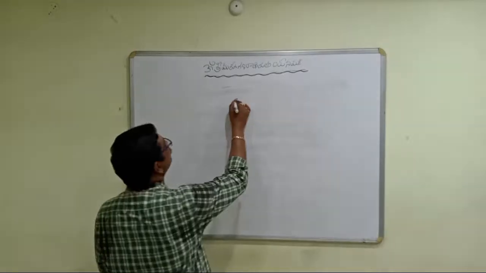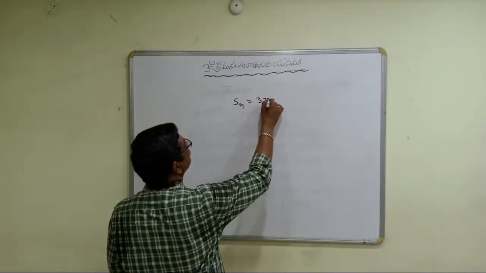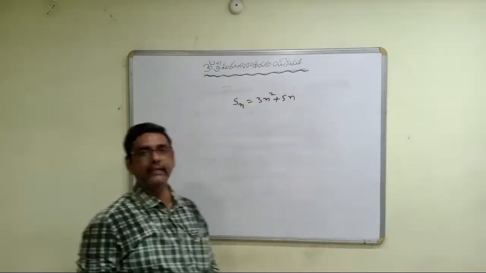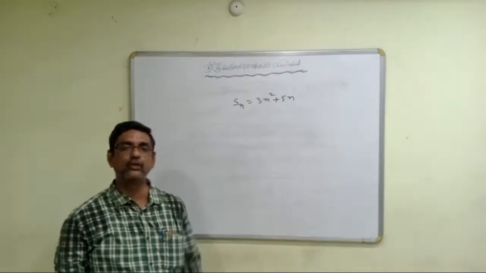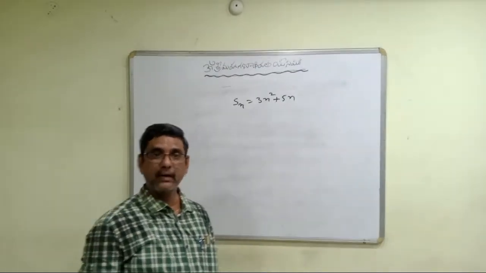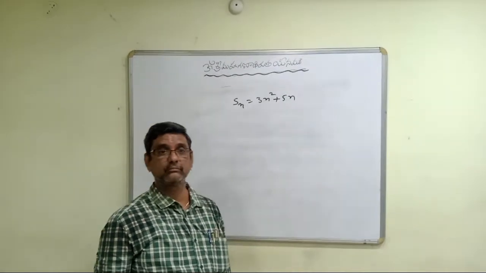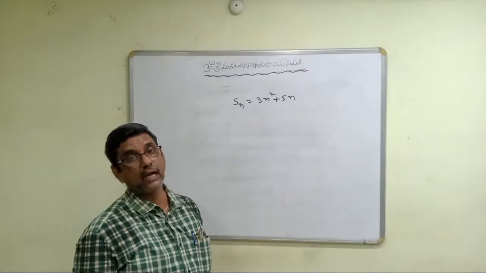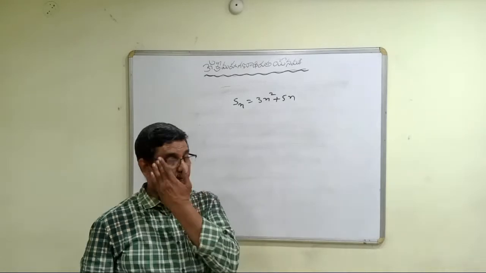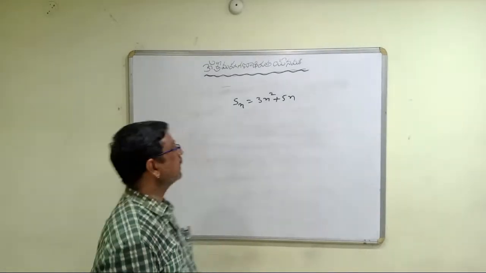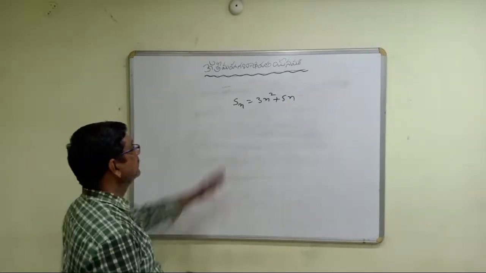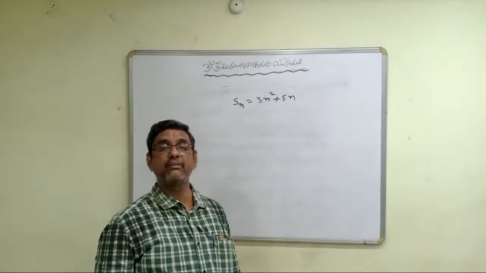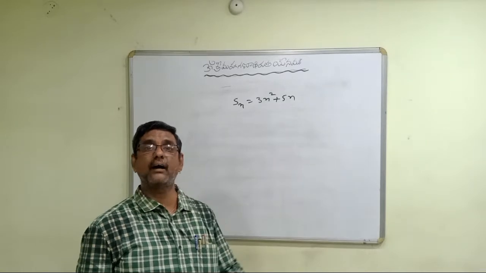I gave you Sn equal to 3n square plus 5n, and I asked you to find out the common difference and 10th term. Sn is given to you and you need to find out the common difference as well as the 10th term of the AP. I told you that Sn is nothing but the sum of first n terms of an AP.